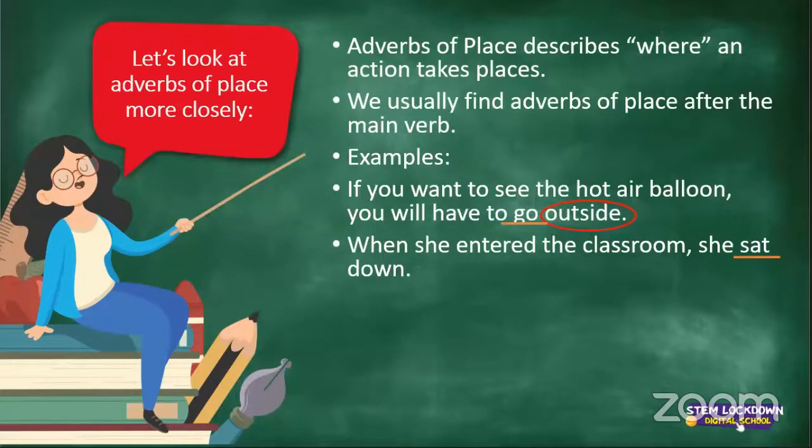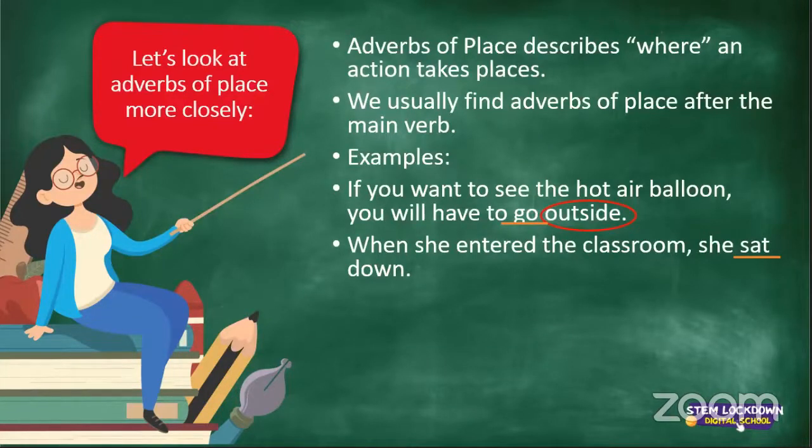The verb is sat. Now we are going to ask, where did she sit? She sat where? You can type your answers. Remember, I only want a word in the sentence.